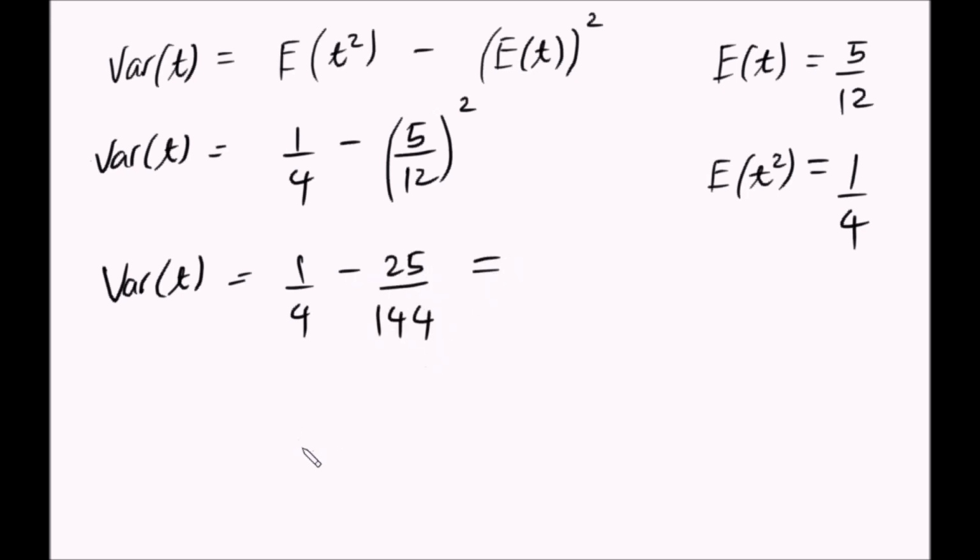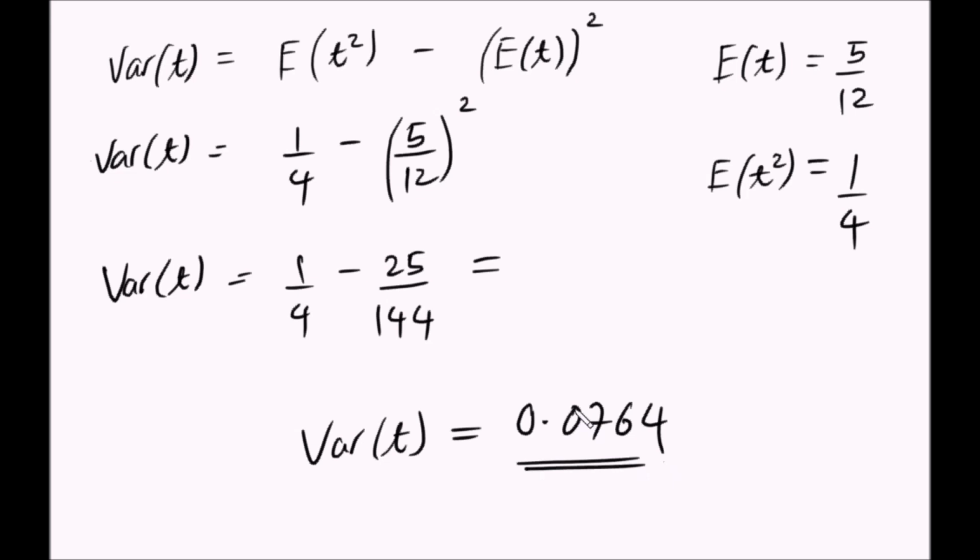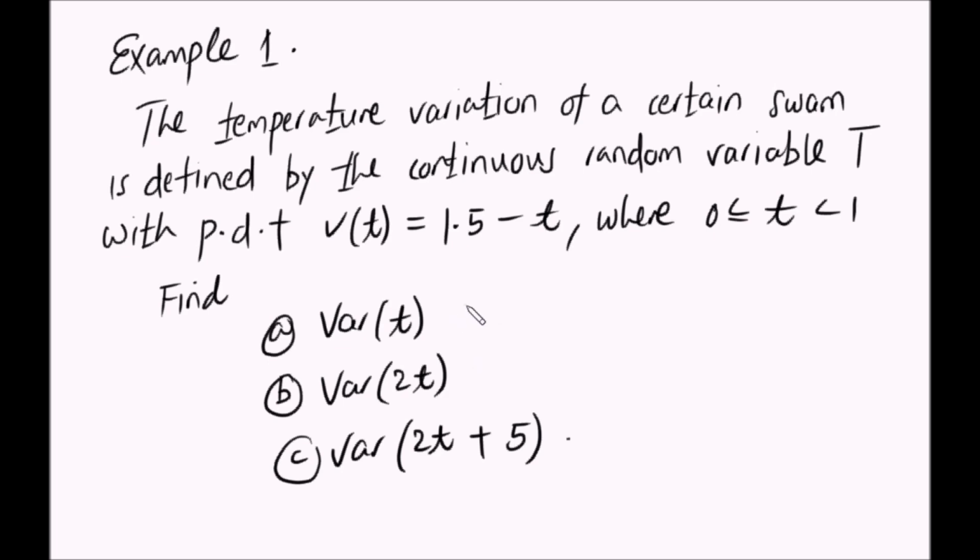So use a calculator. What is variance of t? Variance of t will be 0.0764. There. So this is part A. So we have found variance of t is 0.0764.